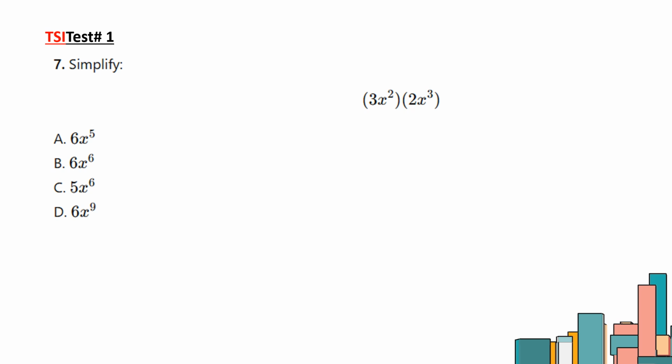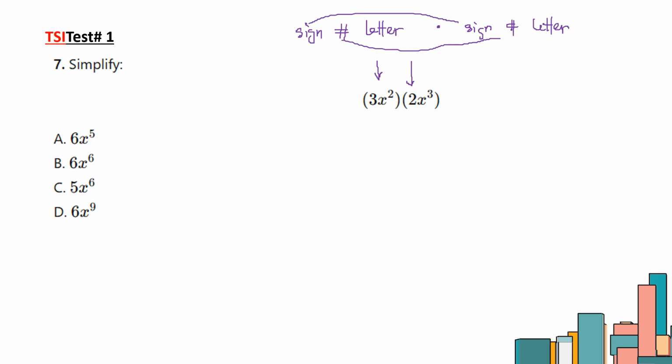Question number 7. Simplify 3x squared times 2x cubed. Remember, every term like this, every factor like this, has a sign, a number, and a letter. So if you multiply it by another one with sign, number, letter, we do sign to sign, number to number, and letter to letter.